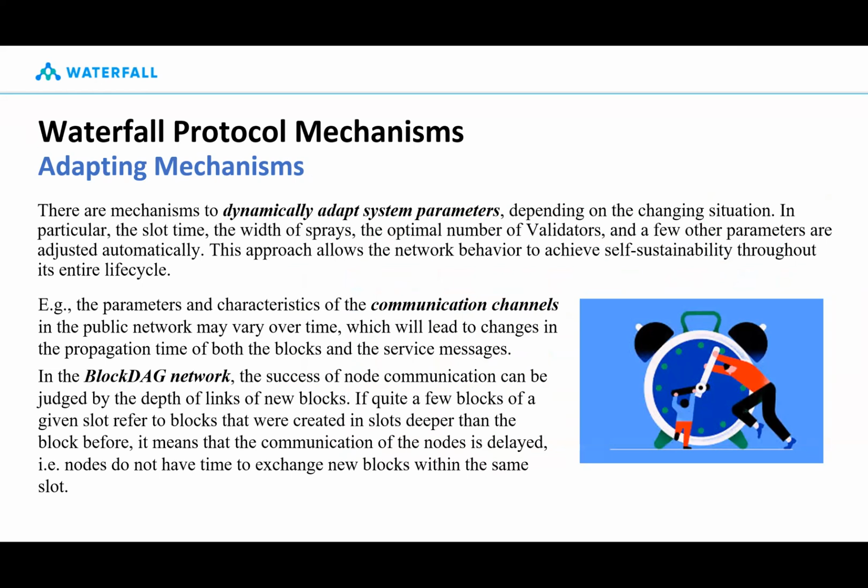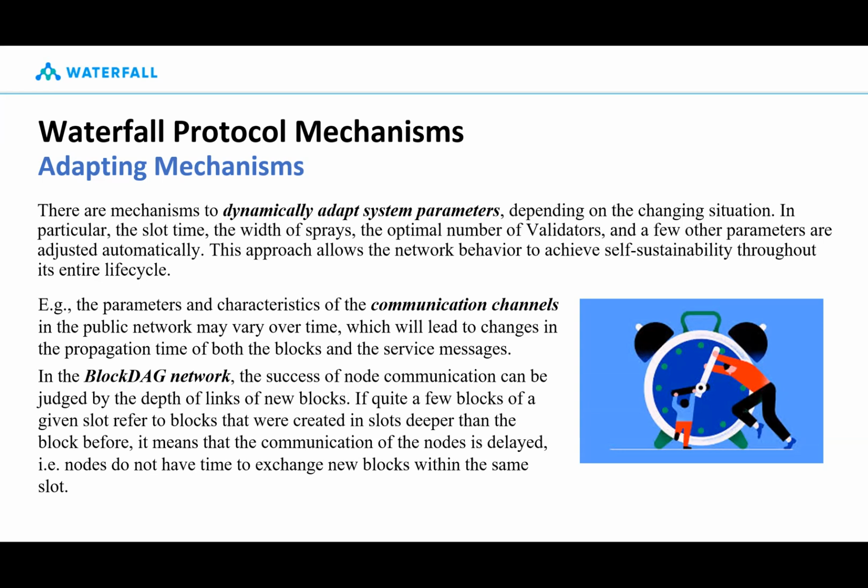In block DAG networks, nodes don't have time to exchange new blocks within the same time slot. So each block produced by an honest block producer is accompanied by links to all known tip blocks. However, dishonest nodes can produce blocks with any references, not just tip blocks. To get a reliable reflection of the speed of information dissemination, we have to isolate the part of the DAG structure that was formed by honest links.